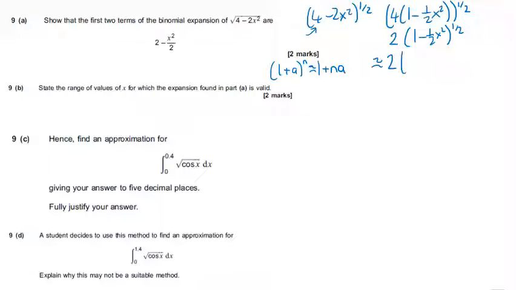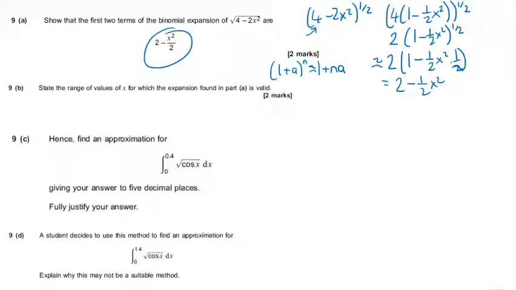So I've got, in this case, 2 times 1 minus a half x squared times a half. So this is my half for n. And if we multiply that out, we get 2 minus, and the 2 and the half cancel. So 2 minus a half x squared, which is what I'm looking for.